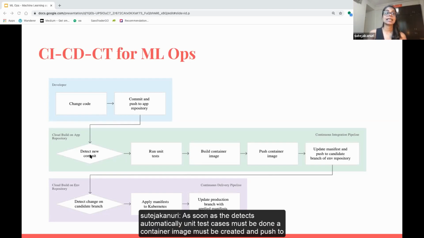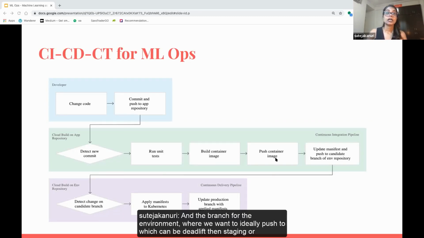As soon as it detects, automatically unit test cases must be run. A container image must be created and pushed to a container image repository, and the branch for the environment where we ideally want to push, which can be development, staging, or production, has to be ready.